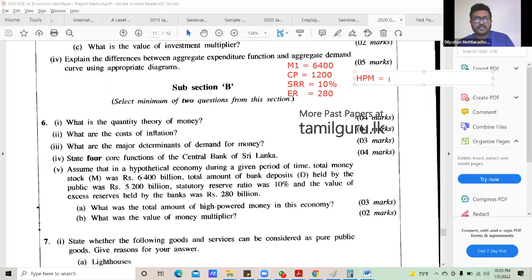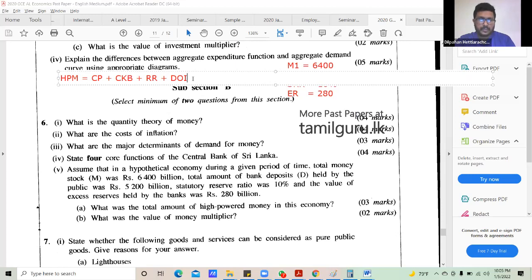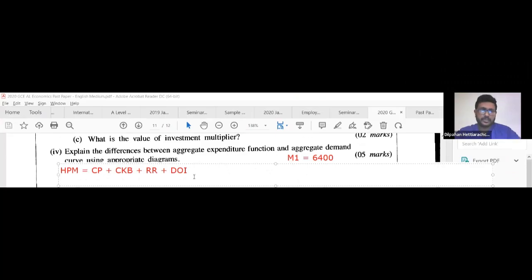There are some components of high-powered money. Can you remember? What are the components of high-powered money? CP is a component. Then what? CKB. Then what? RR. Then what? DOI. Anybody who couldn't study or who didn't have proper notes might be confused. What is this? So I will explain.